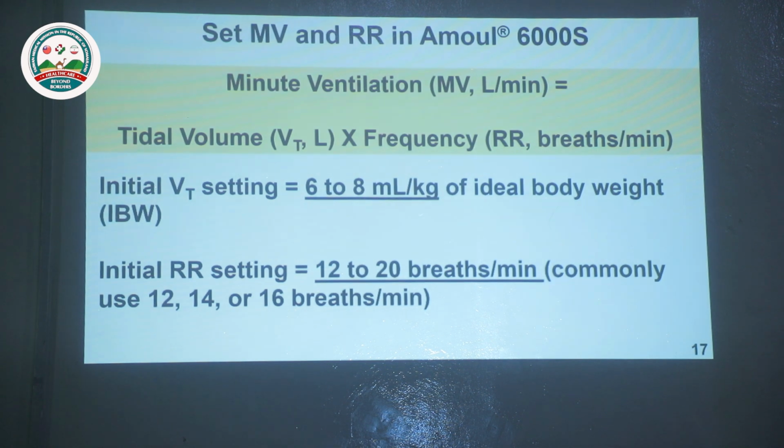You can search for equations online about ideal body weight. There are a lot of equations, and I think they are all similar, so you can use whichever you want. We calculate the patient's ideal body weight and set the tidal volume around 6 to 8 ml per kilogram.